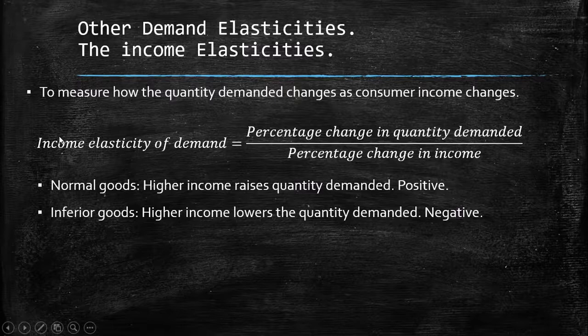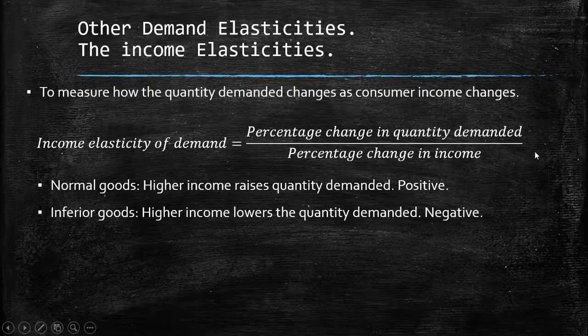What about the inferior good? They are not so common, but there are some goods where higher income lowers the quantity demanded, so it's negative. For example, you receive more money but you don't consume more bus. Maybe you go by cab to your job. So in this case it's negative.